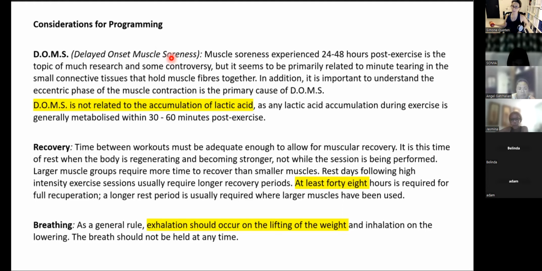If you're doing light weights, but you're doing, let's say, 50 or 100 reps, your heart rate might still be okay, but your muscle will start complaining. So you do have an accumulation of lactate happening here, even though you are in your aerobic zone. You understand what I mean? You still have a byproduct.